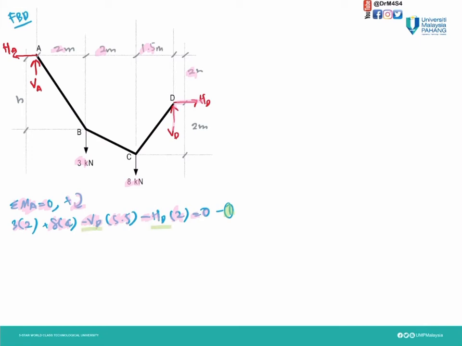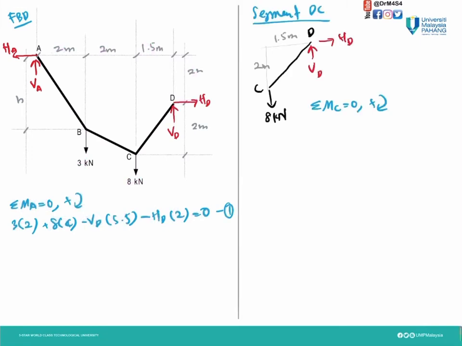and HD. So then we go for segment DC. So this is segment CD or segment DC. We have reactions VD and HD, and here is 8 kN. So we take summation of moment at C equal to 0, positive clockwise.